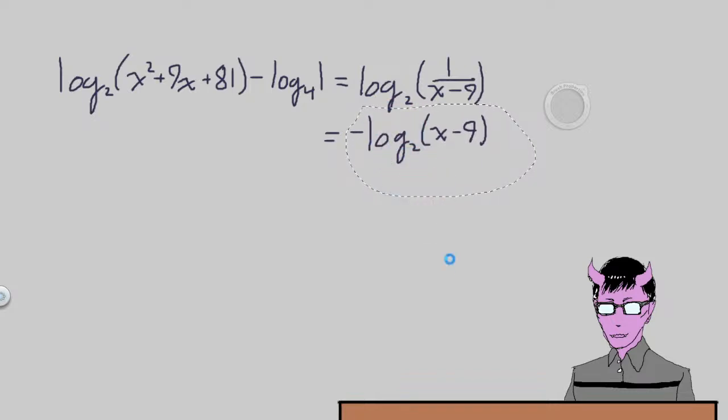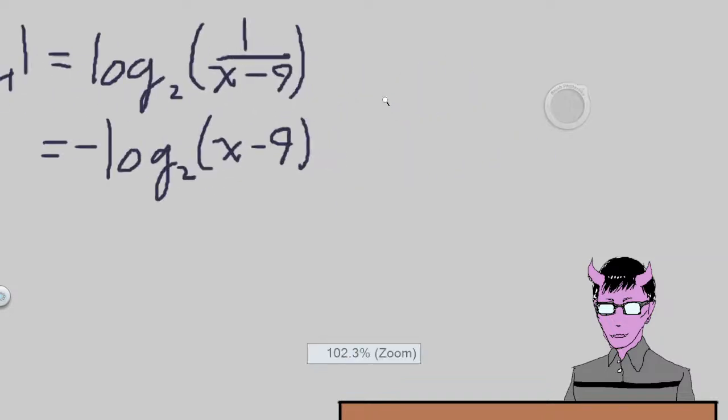So again, just exponential rules. We just changed the 1 over x minus 9. We just passed it through the fraction bar to the other side, changing it to a positive exponent. Let me say it again.